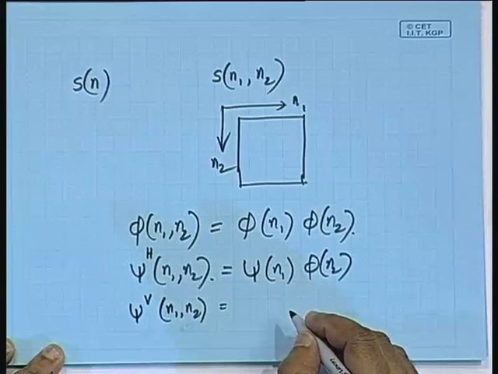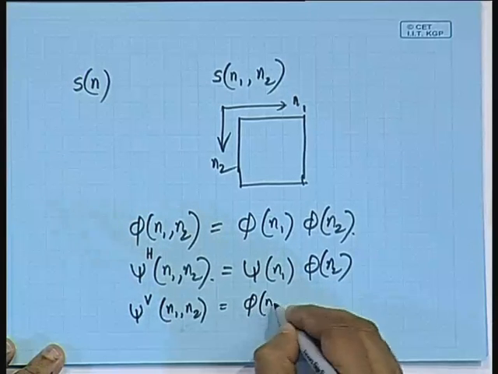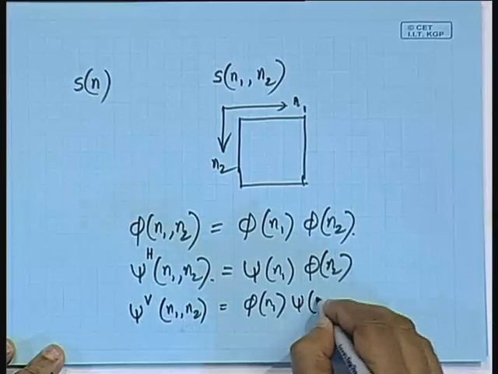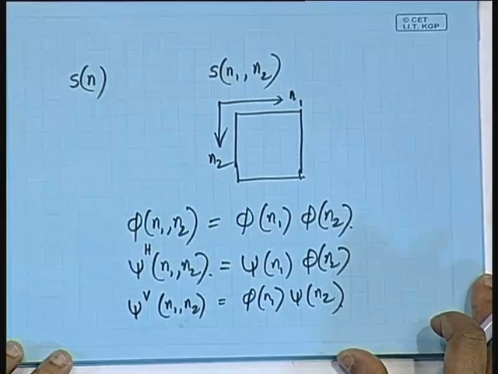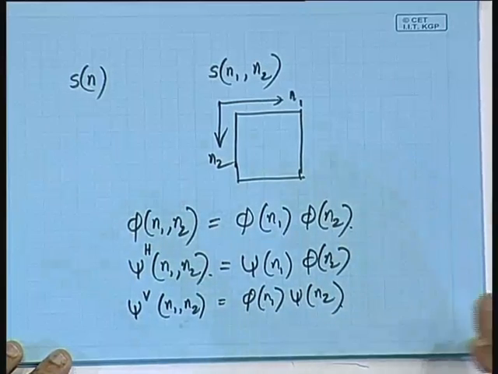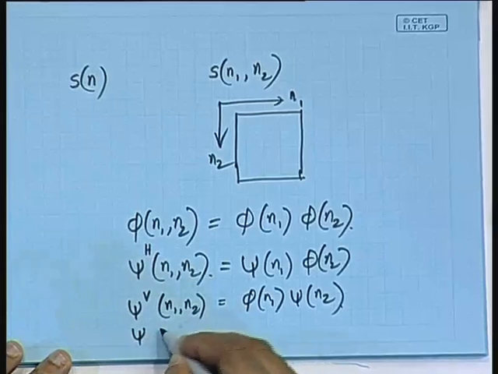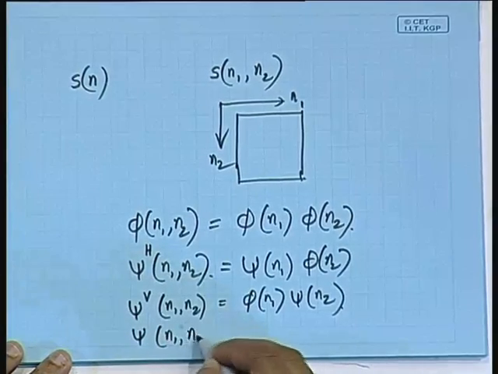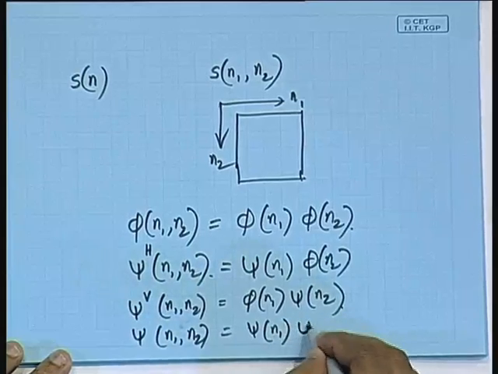This should be phi n1 into psi n2. And I should have a fourth filter also possible, which will be just the product of psi n1 and psi n2. So, psi n1 n2 I can write as a product of psi n1 psi n2.